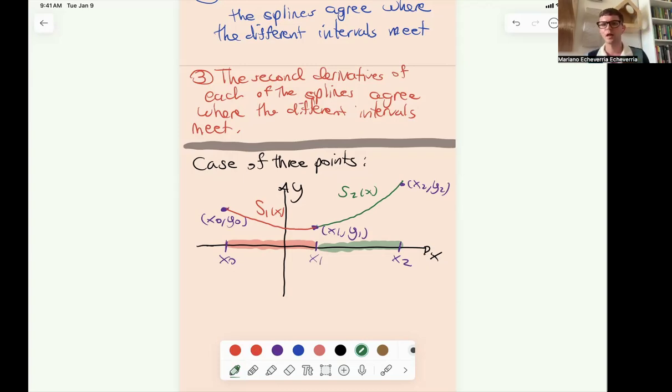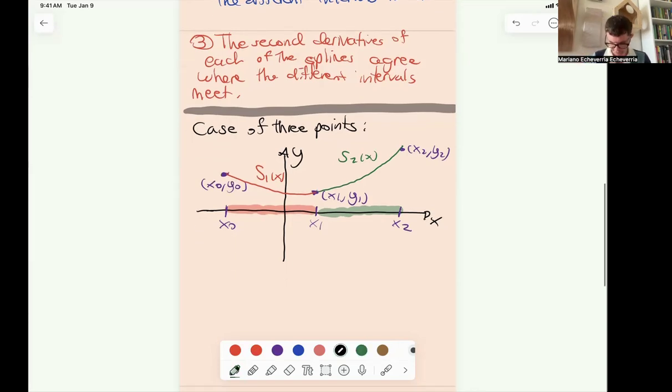Because each of these has to be a cubic polynomial, right? Again, here S1 of x, S2 of x is a cubic polynomial.